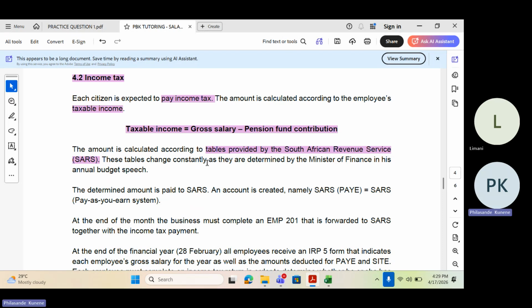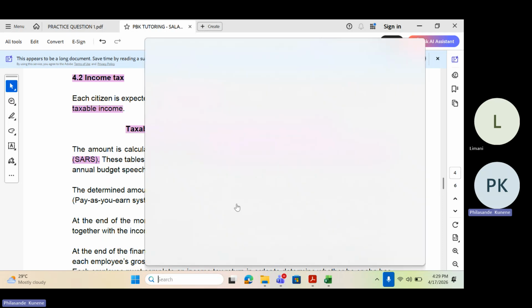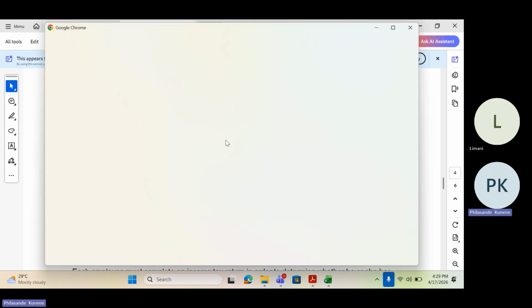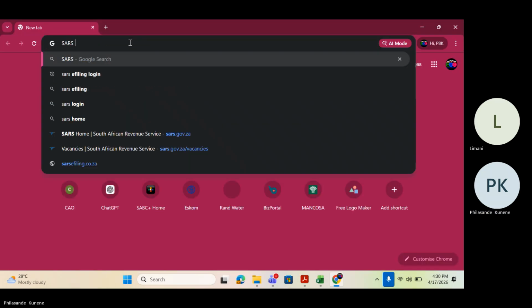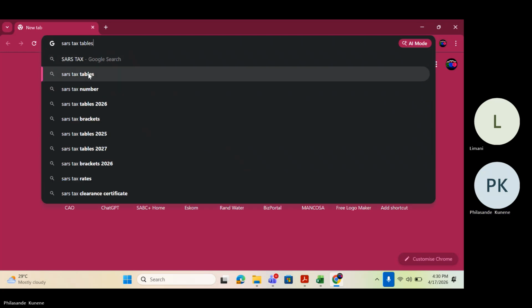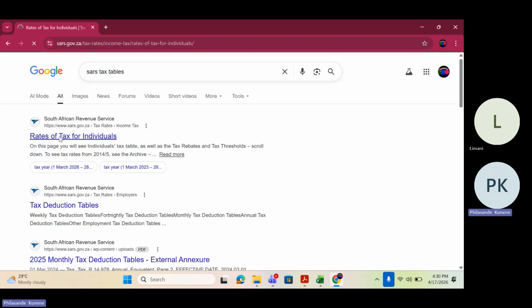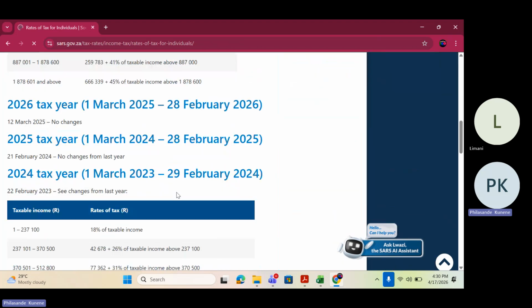These tables change constantly as they are determined by the Minister of Finance in his annual budget speech. Have you seen SARS tax tables before? No. You've never seen it, right? Let me try to show you what that is, because those are the tables that we're using to do the calculation.